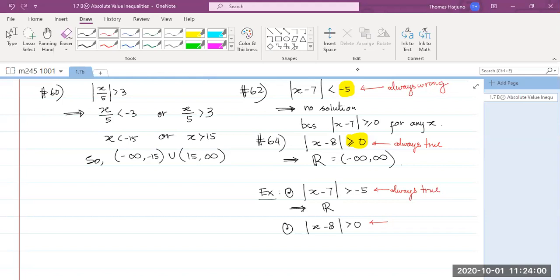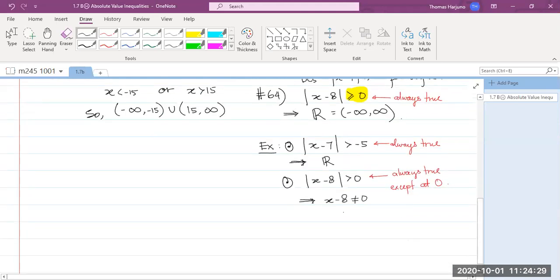Always true except at 0. So basically this is always true except when x minus 8 equals 0. Is it right? Or x is not equal to 8. So the solution will be all real numbers except 8.